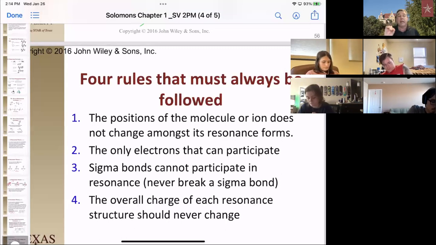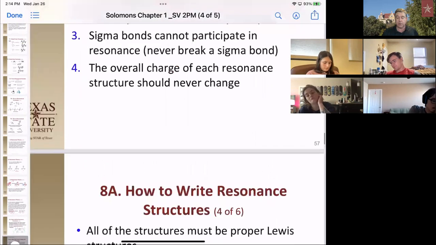However, we can move pi bonds, that second bond, but we never break those first bonds. Okay, so our 4 rules are: the positions of the atoms in the molecule do not change. Only electrons move. Sigma bonds, the first bond between all the atoms, do not change. The second bond can. And the overall charge of the resonance structure should not change.